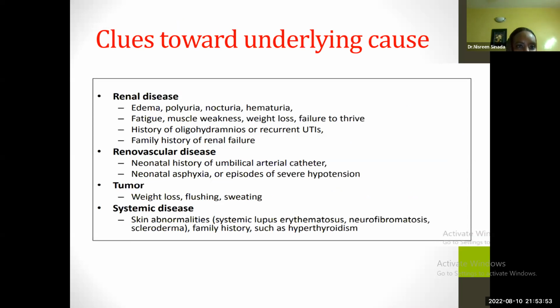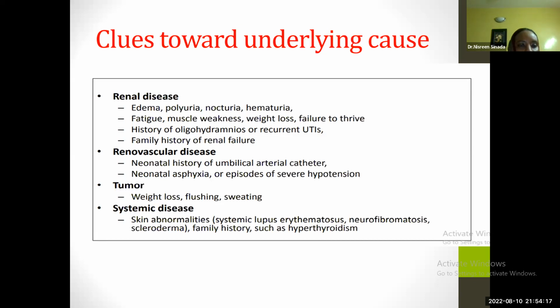Clues towards renal disease can be edema, polyuria, nocturia, hematuria, fatigue, muscle weakness, failure to thrive, history of oligohydramnios, and family history of renal disease. Also, for renovascular disease, you should ask about, as I said, umbilical artery catheter, neonatal asphyxia, episode of severe hypotension, and for tumor, you should ask about weight loss, flushing, and sweating.